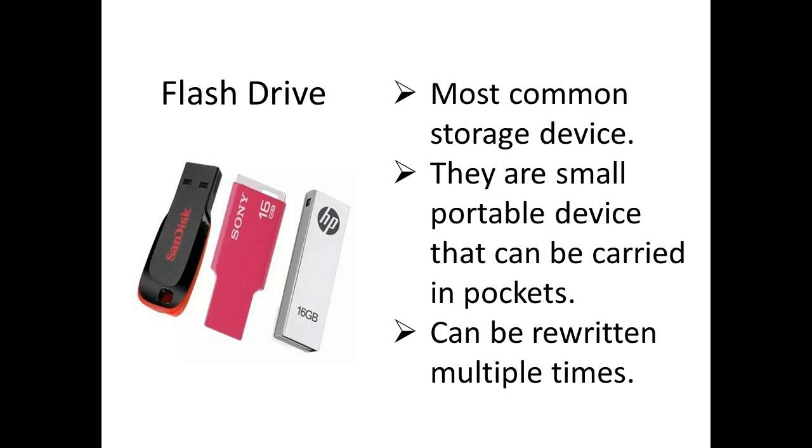The storage capacity may vary from a few MBs to 1 TB. What is meant by MB? Megabyte. That's the unit of measurement of a computer device. TB means terabyte.